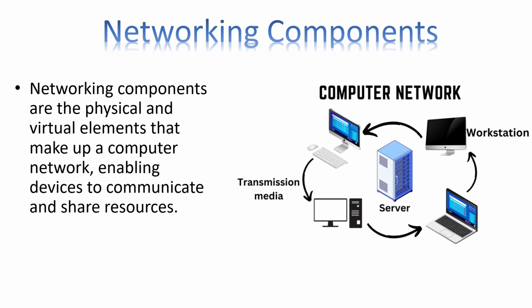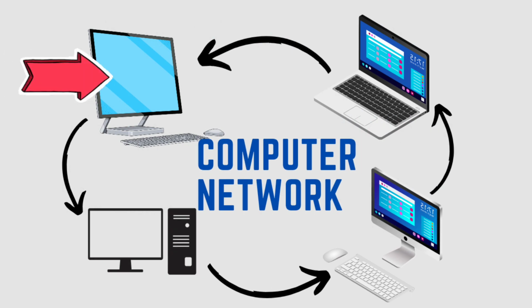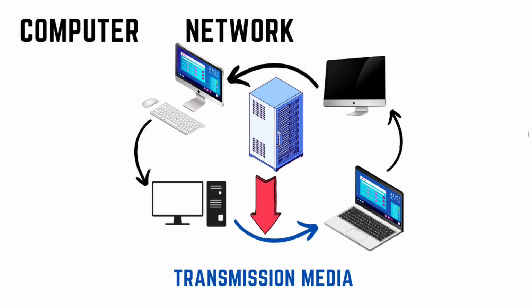So in the computer network, each and every element that combines together to form a complete network is considered a networking component. For example, the computer itself is a networking component. Similarly, the transmission media through which the data travels is also a networking component.